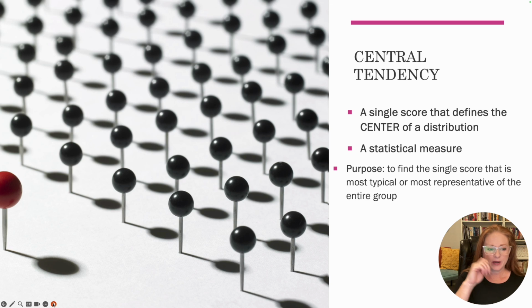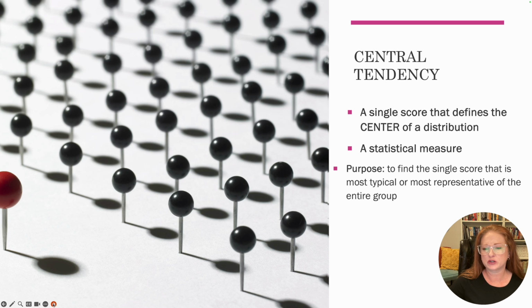Okay, so if we were to talk about central tendency and what that means, the whole goal of central tendency is to find that single score that really defines the center of a distribution. If you were to look at all the different scores put together, and someone were to ask you, what is the average, what is the middle, what is that one score that really captures the average or middle of that whole grouping, that would be the central tendency.